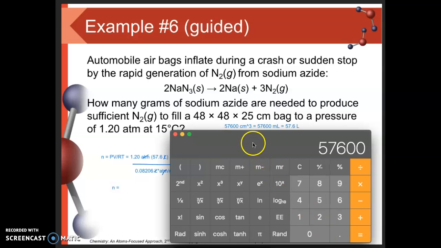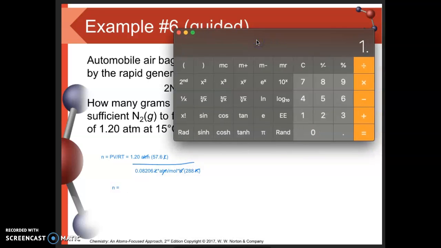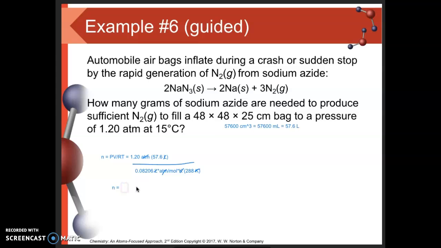Get my calculator back out. 1.20 times 57.6 divided by 0.08206 divided by 288. And we got ourselves 2.92 moles of nitrogen.